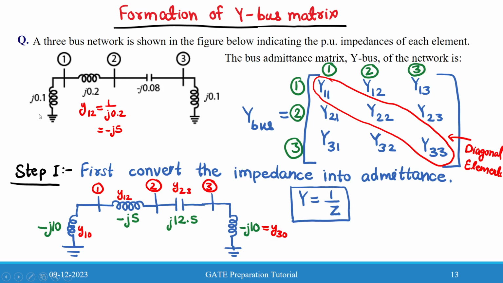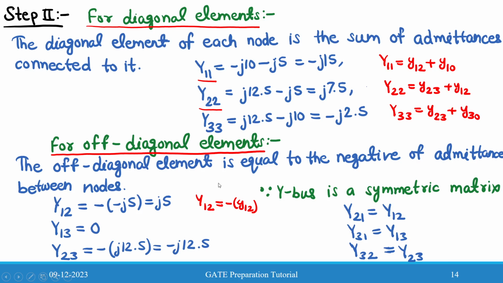Here the impedance values of the lines are given, and at which buses they are connected is given. So what is the first step? If the impedance value is given, then you have to convert the impedance into admittance. So we have converted this impedance value into admittance.